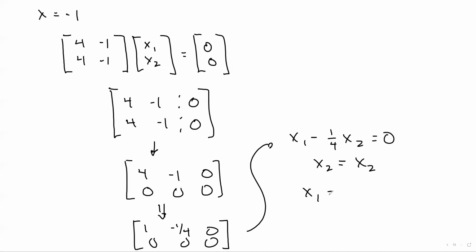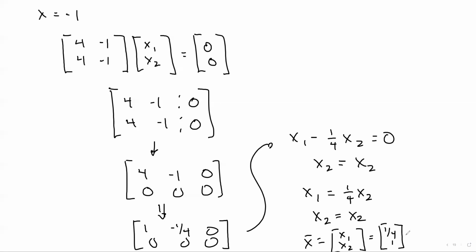And then you could do x1 equals 1/4 x2, x2 equals x2. So that means we get x equals [x1, x2], which equals [1/4, 1] times x2.